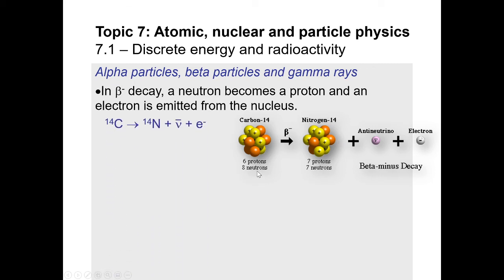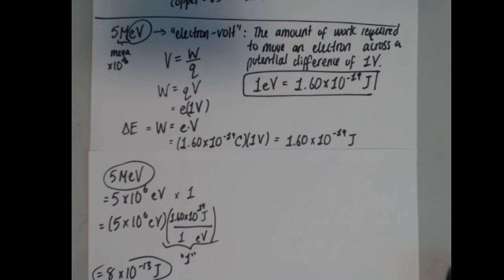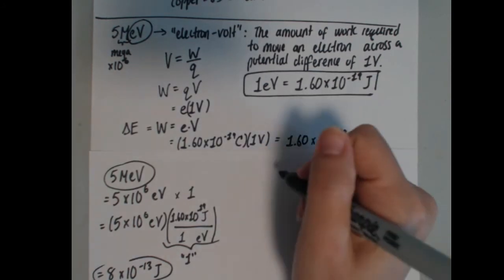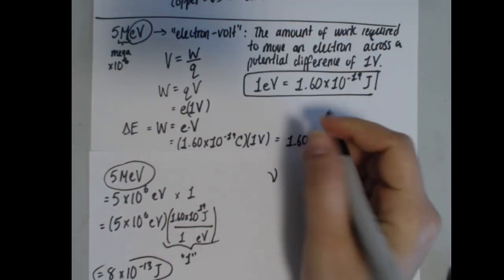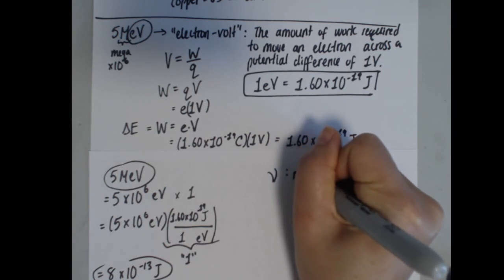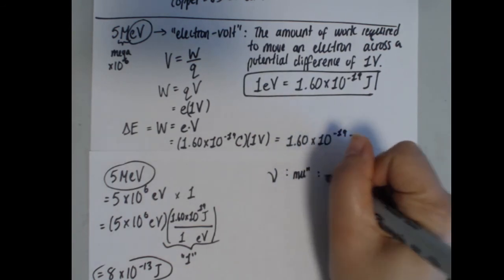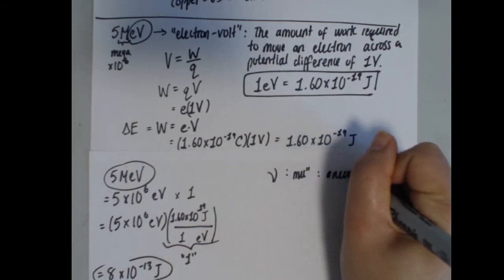So there's the nuclear decay equation. Carbon-14 decays into nitrogen-14 plus an electron plus an antineutrino. Notice that the antineutrino is given this interesting V symbol, sort of like a cursive V. This symbol here is called nu, and this is the symbol for a neutrino.